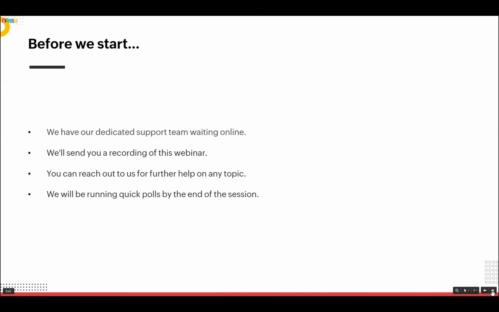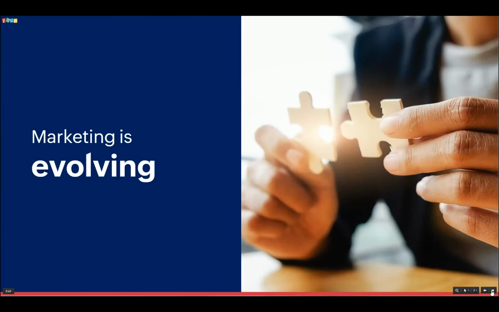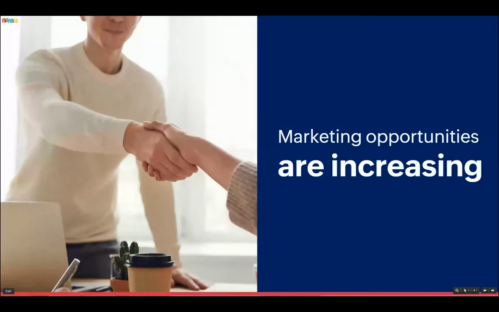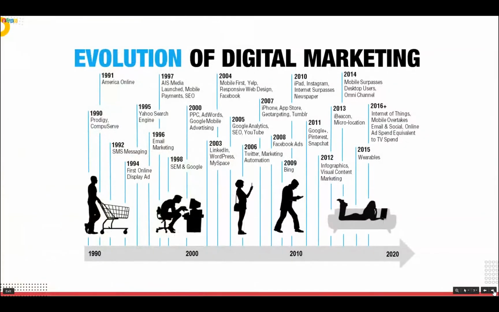Let's get started. First of all, when it comes to the evolution of marketing, we all know that marketing has constantly changed over the years and is still changing even now. From illustrated prints to artificial intelligence, chatbots, and social media, marketing has come a really long way. Since the introduction of digital marketing in the 1990s, it has continued to evolve and is highly preferred by businesses around the world.